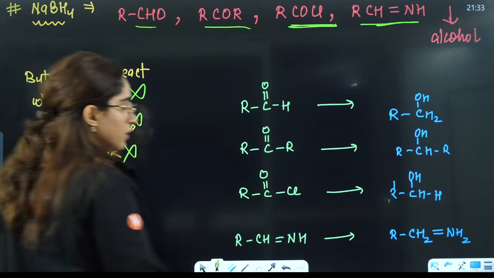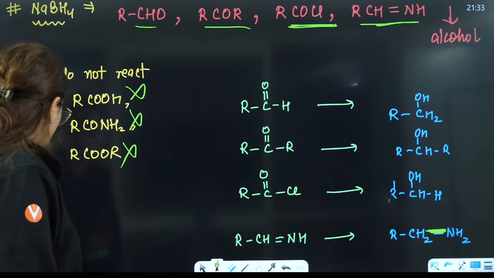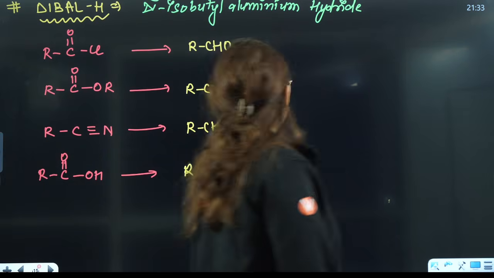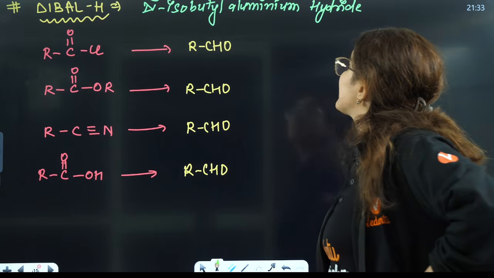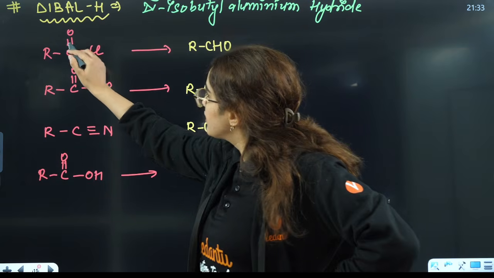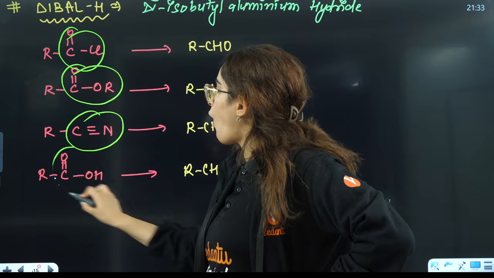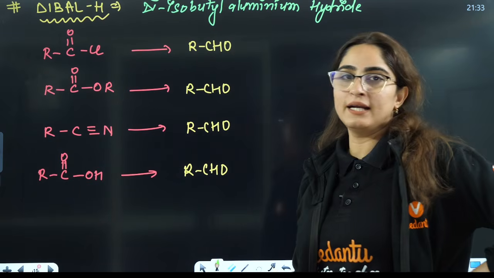So this should be one bond here, not two. Okay, yes. Now DIBAL is diisobutyl aluminium hydride that reacts with acyl chloride or ester or cyanide or acid. It converts all of them into aldehyde.